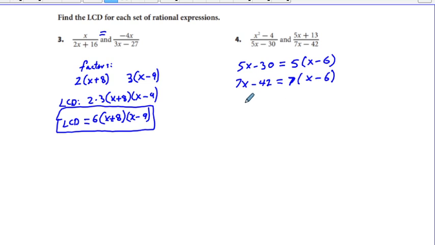So our least common denominator is going to be equal to 7 times 5 times this x minus 6. So that's going to be equal to 35 times quantity x minus 6.